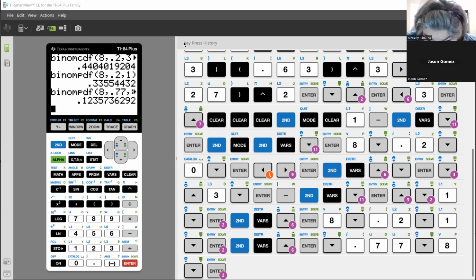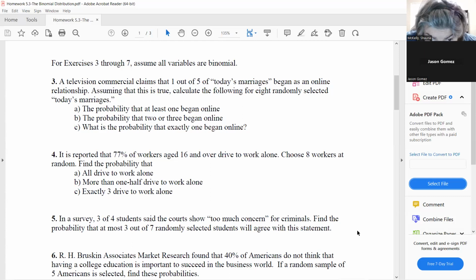All right, let's go back to the homework and let's look at this now. The next one says more than 1/2 drive to work alone. More than 1/2. Okay, so how many workers is that? 1/2 is 0.5. Okay.